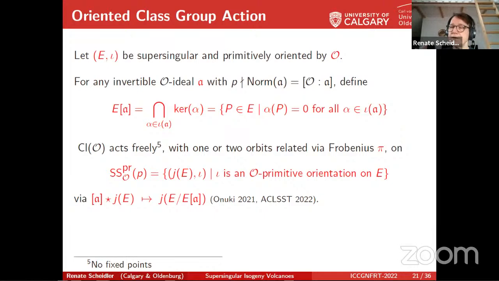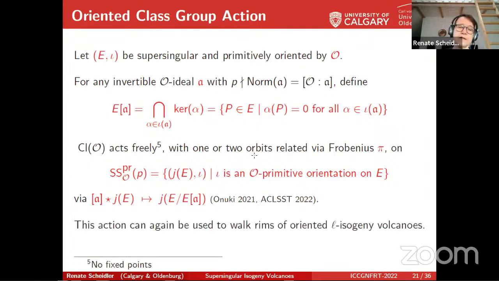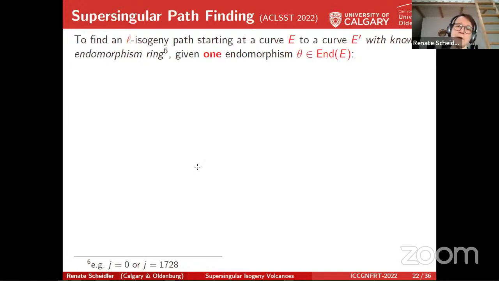That Frobenius either leaves both orbits fixed or it swaps them. And the set that's being acted on is exactly the oriented J invariants where the orientation is primitive by the same order. And so once again, we can use this action to walk the rim. So this is again the connection to class groups.